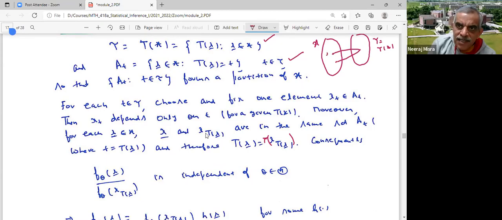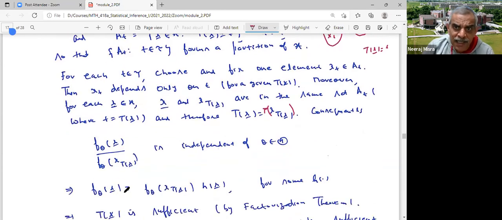This is x, and this is, let us say, T, so Tx is the same as T. And there is another point, x_T, which I have chosen, because for every T belonging to tau, I choose one element x_T in A_T. Both are going to A_T. So if Tx is T, then T(x_T) would be the same as Tx. Both are going to T.